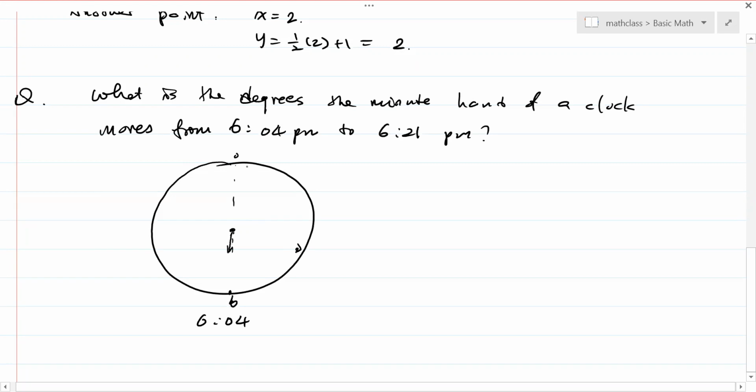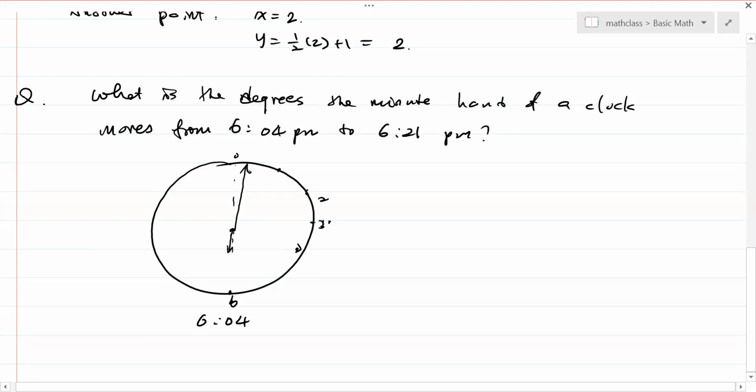So at 6:04, you have to draw the minute hand. You see, here's a 15, right? This is 1, 2, 3. So 6:04, it is going to be a little bit here.